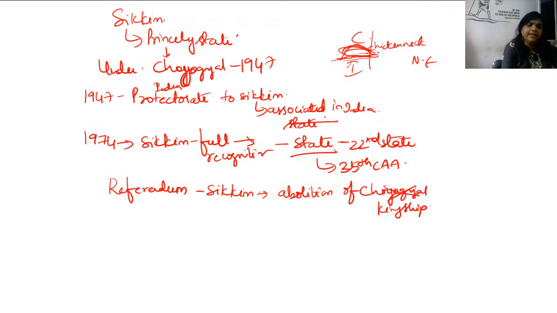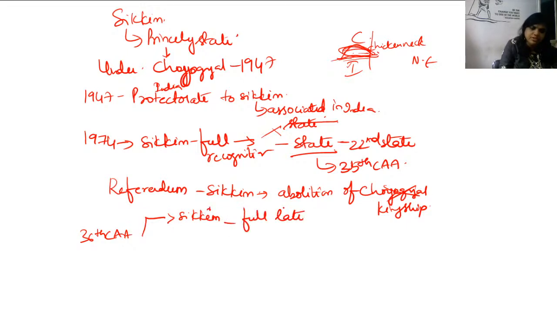So as of today, by the 35th Constitutional Amendment Act, the associated state recognition of Sikkim was cancelled, and by the 36th Constitutional Amendment Act, Sikkim was given full state recognition.